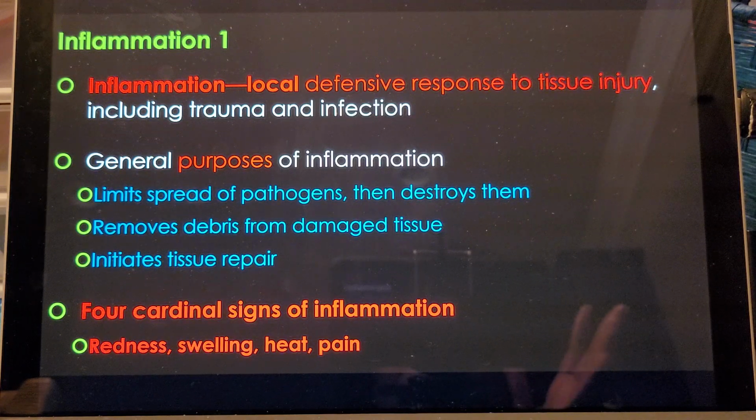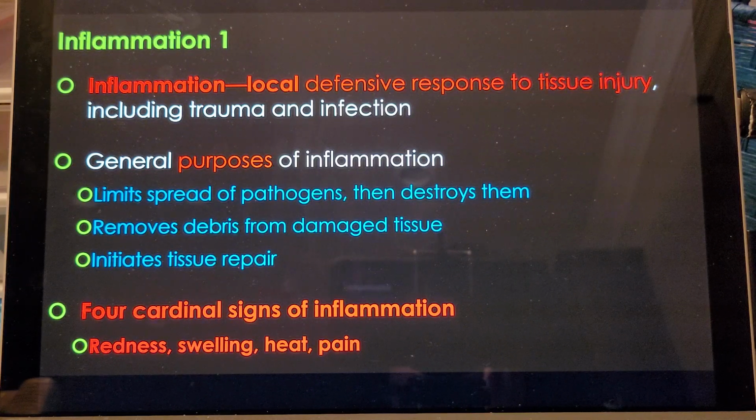You get those white blood cells, those macrophages in there, and they break up stuff. Debris is removed because increased fluid moving in there causes increased pressure that flaps open those lymphatic endothelial doors into those capillaries, and that also removes the debris from the tissue, and then initiates the tissue repair.